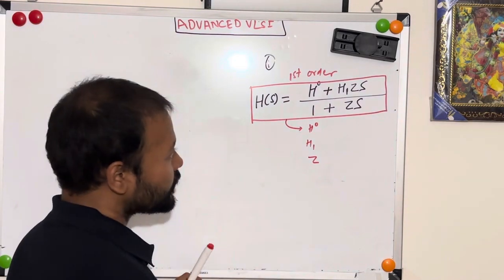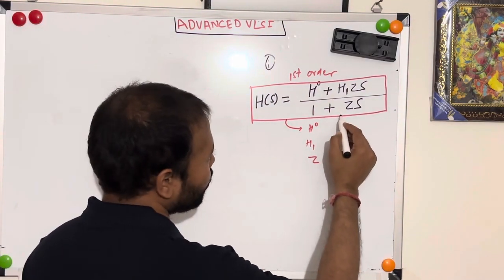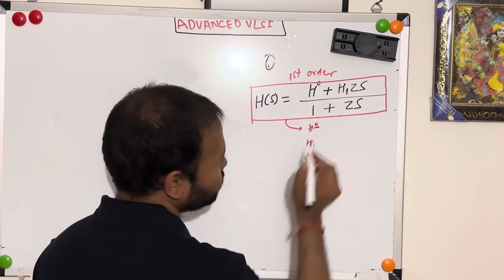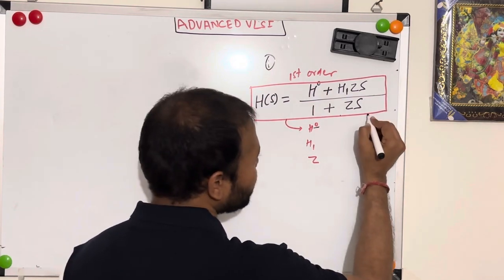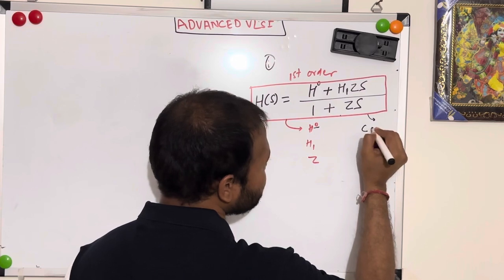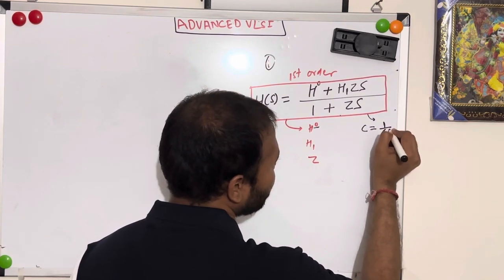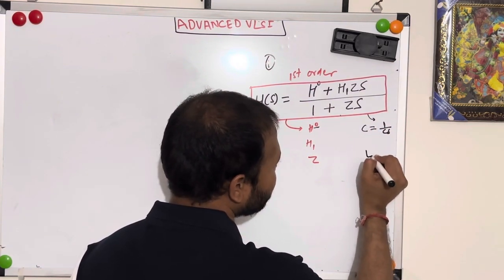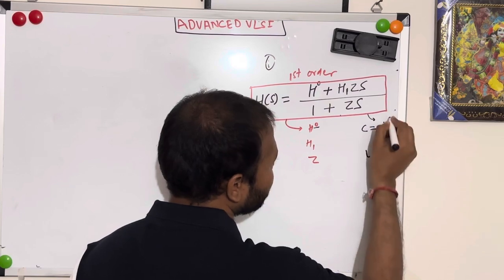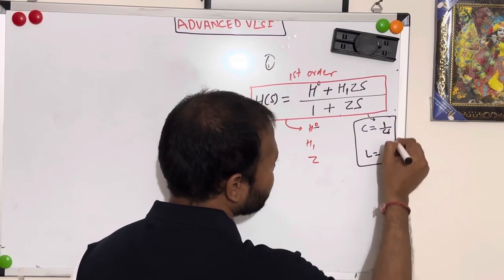Now just remember the key point. Always remember that for a capacitor I am saying 1 by SC, and for an inductor I am saying LS. So you know the impedance, right?